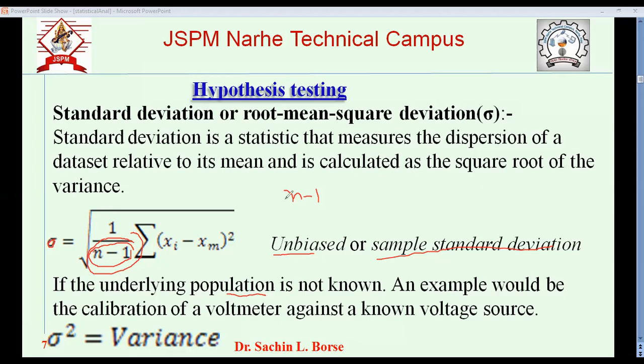Sample standard deviation is for a smaller number of readings, and population standard deviation is for a large number of readings. During problem solving, you will need this. Okay, we'll move further.